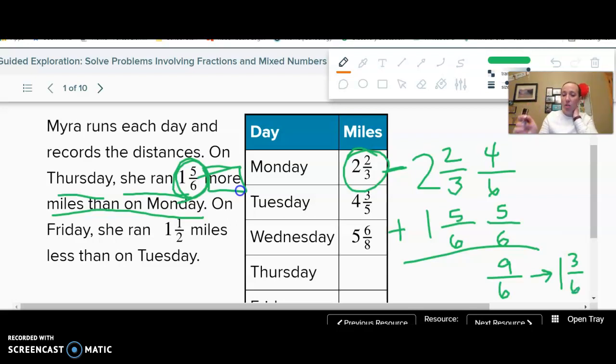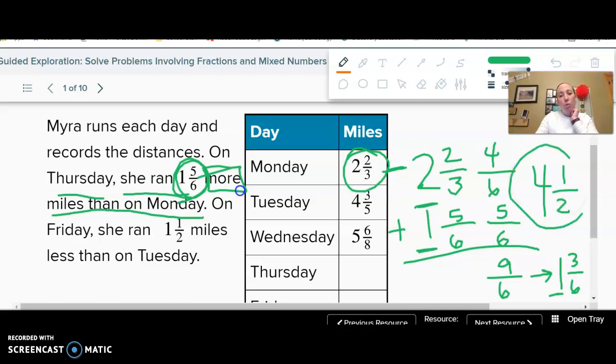I have 3 extra. Then I take my whole numbers and add them together, so I get 4 3/6. I could write 3/6, but if I divide by 3, that does simplify to 1/2. So, more practice with adding fractions, but also seeing that within another word problem.